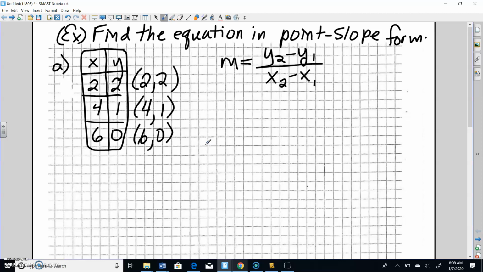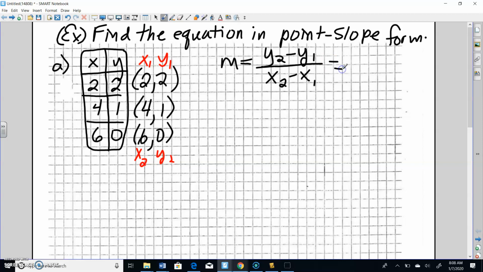So I'm going to use the first and the last point, just because those are easier for me to write x1, y1 next to, and x2, y2 next to. But if you use the first and the second point, you'll get the same slope. Or the second and the third point, you'll still get the same slope.